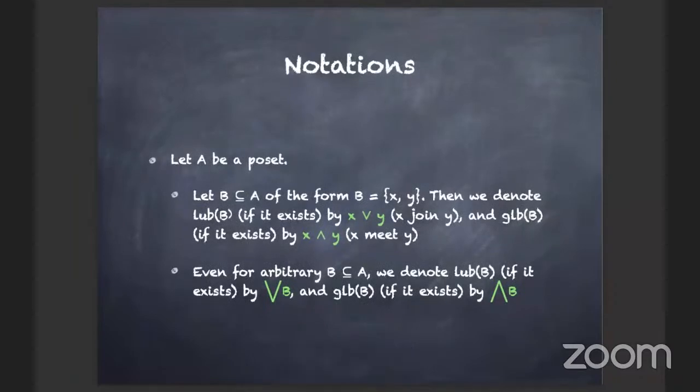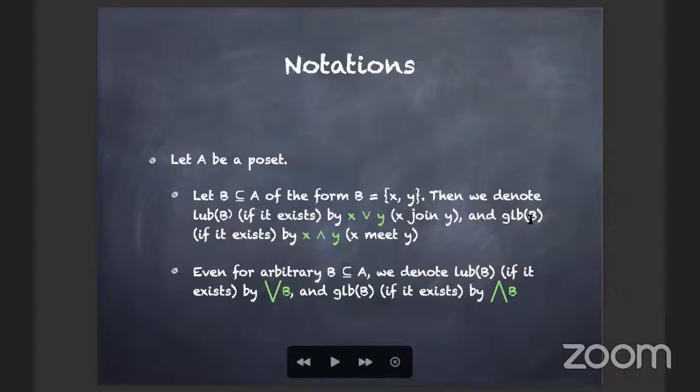Now let's continue with some notations. Take any two element set B in A. Then the LUB of B, if it exists, will be denoted by X join Y, and this is the notation.